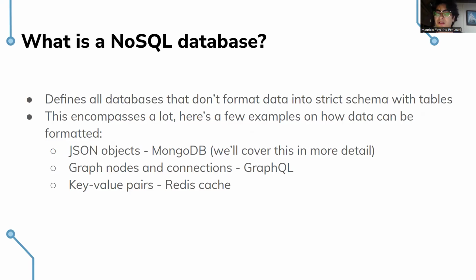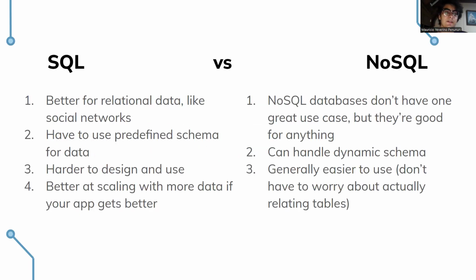This encompasses a lot of database models, like the vector database that I mentioned before. We also have graph databases, JSON object databases like MongoDB, and key value pairs like Redis cache.